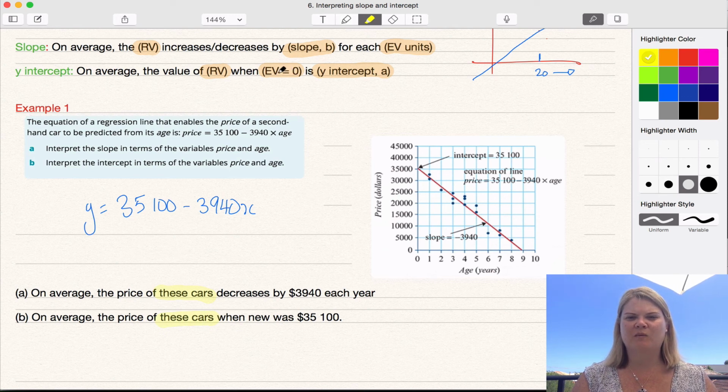So instead of putting when age is equal to 0, you need to put that into a sentence yourself and realize that it means when the cars are new. There might be some situations where you can't really put it into a sentence and you just write when the explanatory variable equals 0, but most of the time you should be able to put it into a sentence. When new was, and you just write out the y-intercept with the correct units, which is dollars for this example.